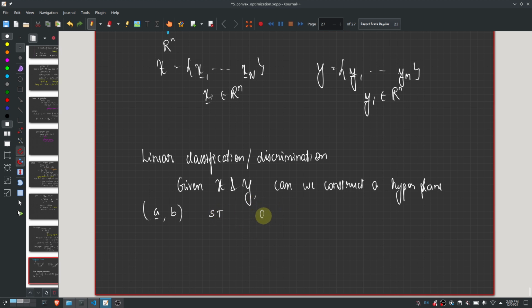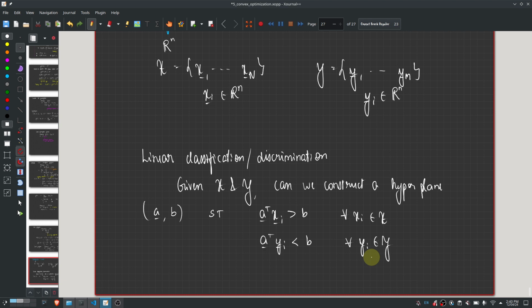Such that a transpose x_i is always greater than b, and for any point from the second set, a transpose y_i is always less than b. Is the problem clear?